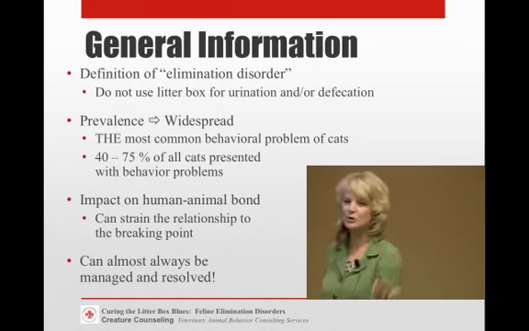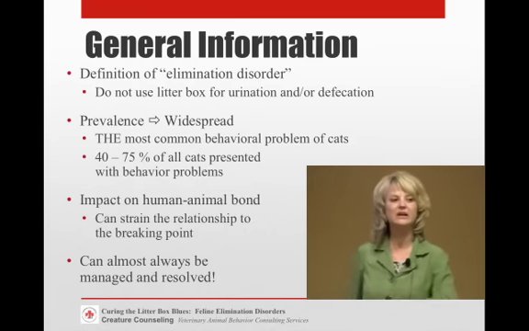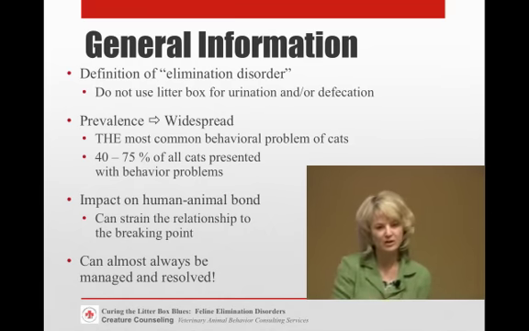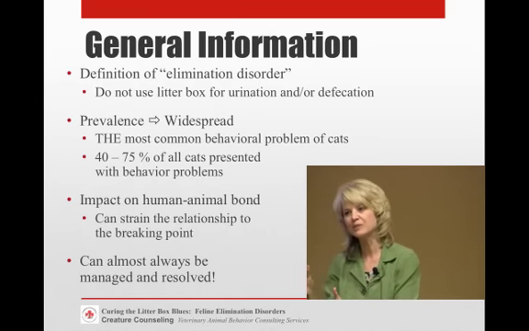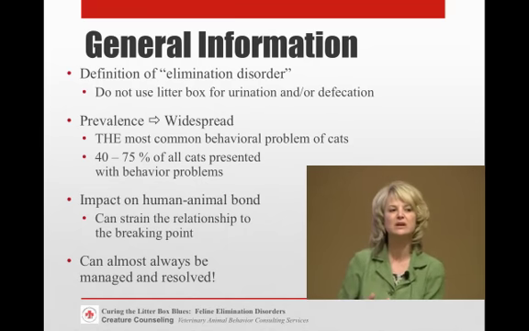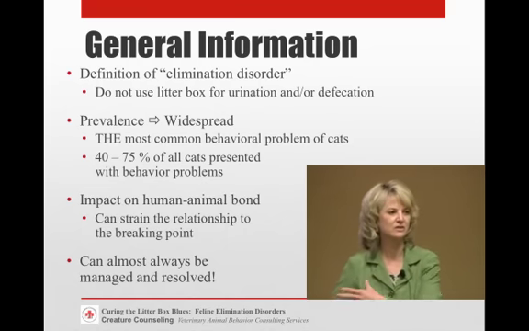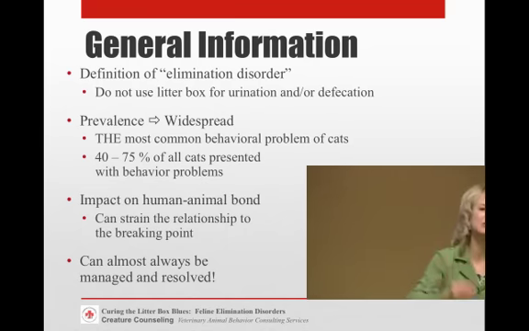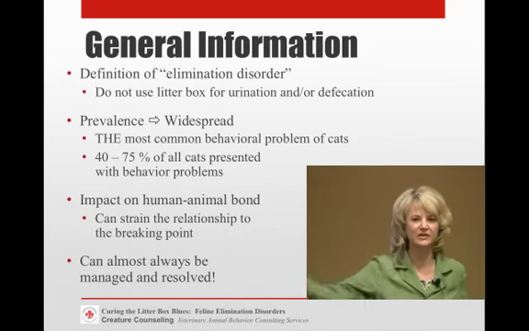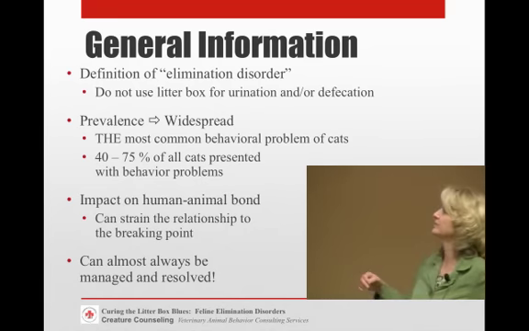They describe inappropriate urination or elimination as urinating outside the litter box. Urine spraying is similar, but it's usually because they're trying to mark their territory, and we'll get into the differences. But the key is they're urinating or defecating outside the litter box. Pretty easy to remember, right?